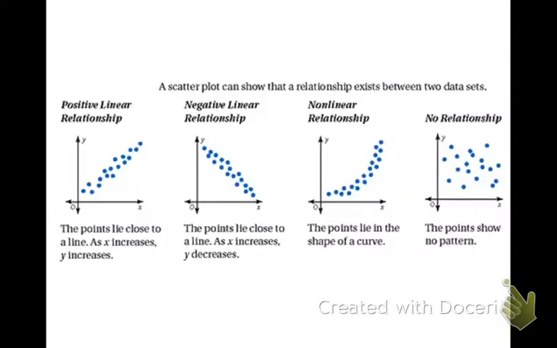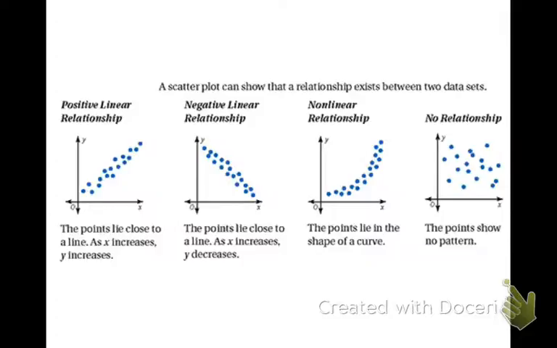So here's some relationships that exist between two data sets. If the points lie close to a line, as x increases, y also increases, it is a positive linear relationship. If the points lie close to a line, and as x increases, y decreases, it is a negative linear relationship. So think about your positive and your negative slope.